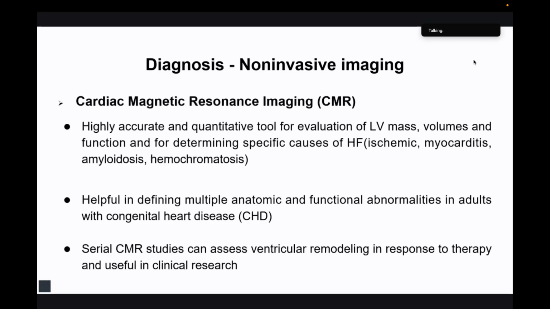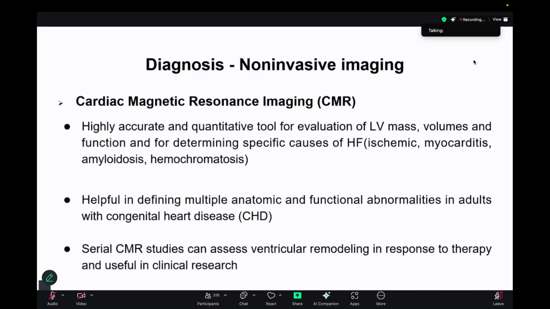CMR is helpful in defining multiple anatomic and functional abnormalities in adults presenting with congenital heart disease, and doing a serial CMR study can assess ventricular remodeling in response to therapy, which is useful in clinical research.